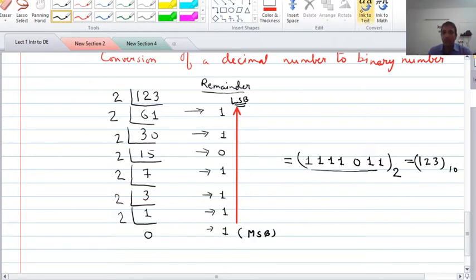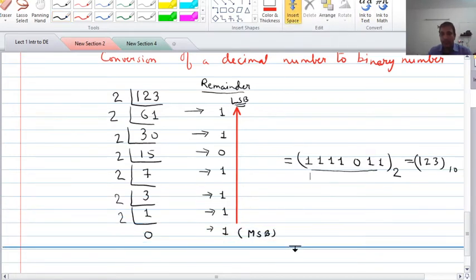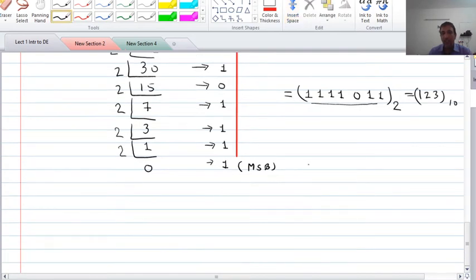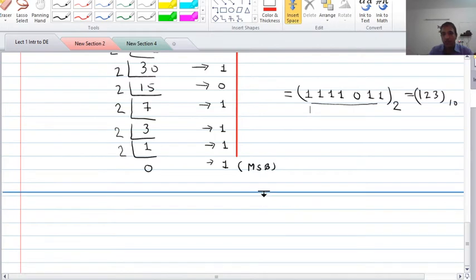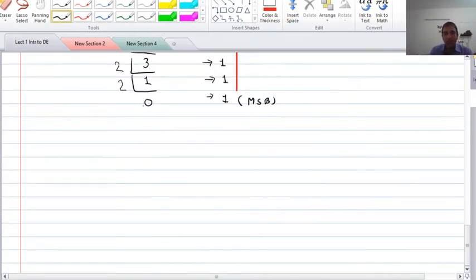So again, check it. If we want to check whether the number is correct or not, we have to learn the conversion from binary to decimal.